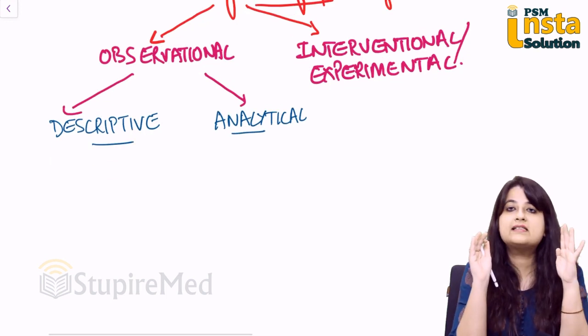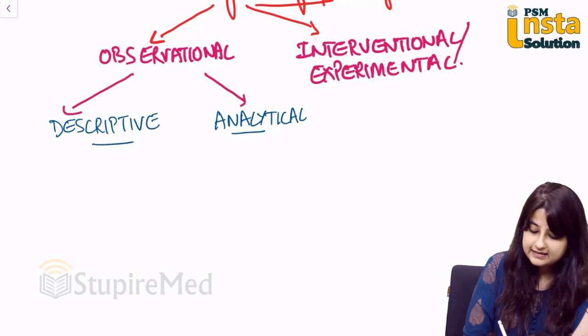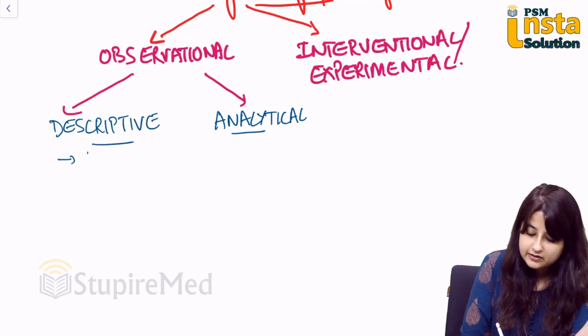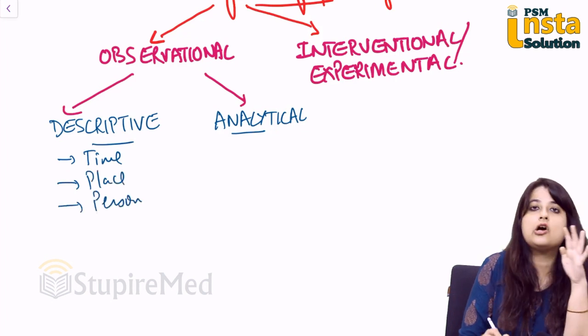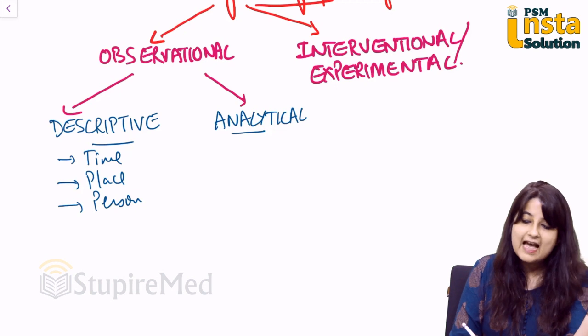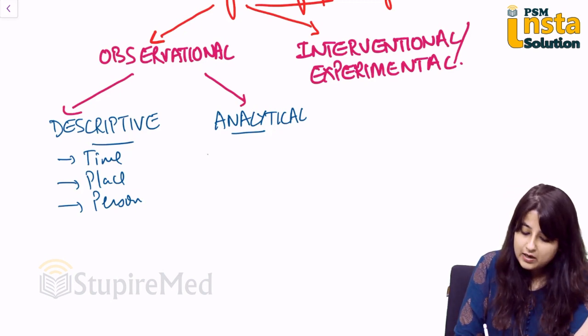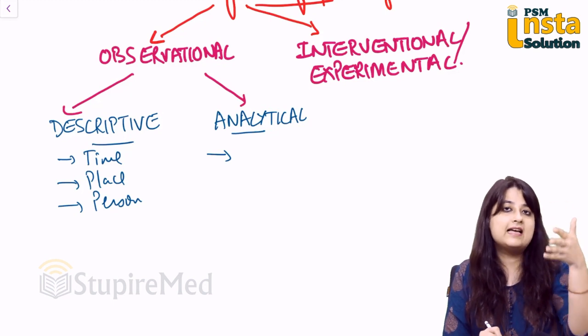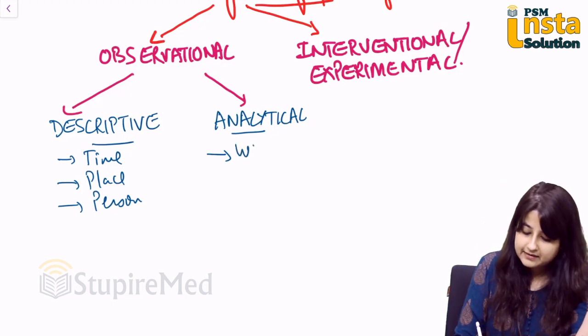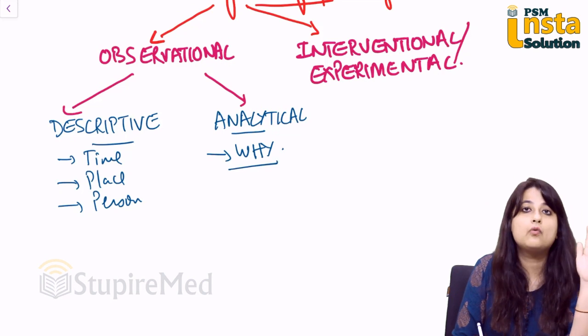Descriptive means you will simply describe a disease or an event in terms of time, place and person. You are simply describing your disease. What does analytical study design mean? You are going to answer the question why and how that disease or event is occurring.